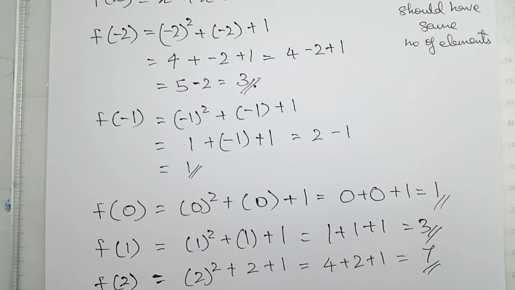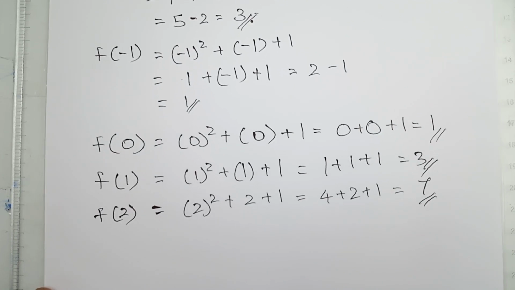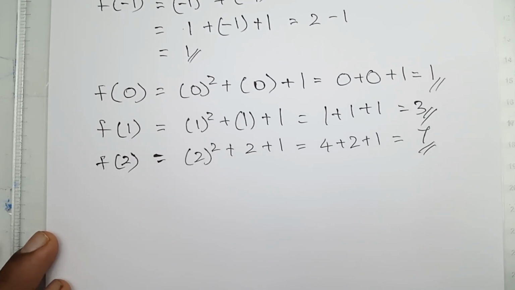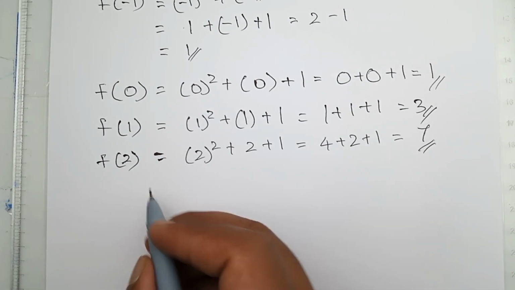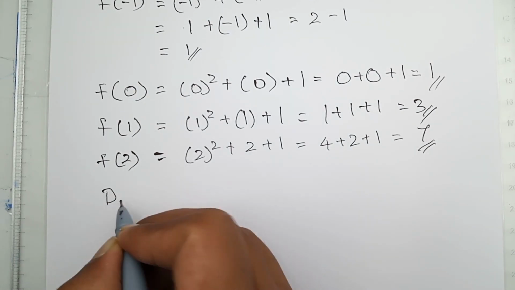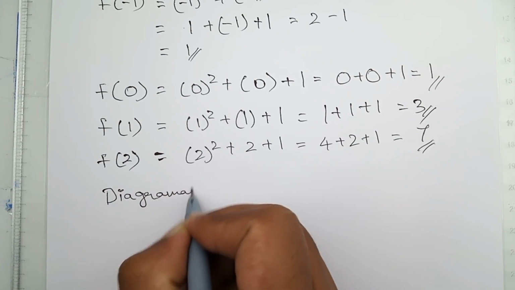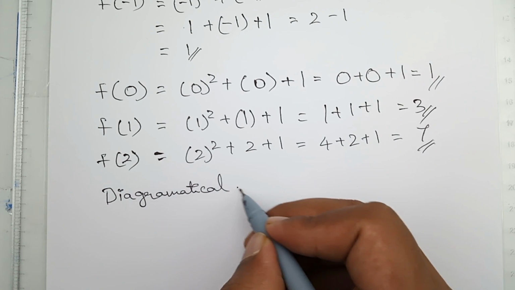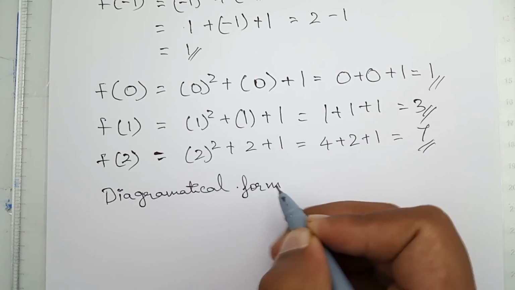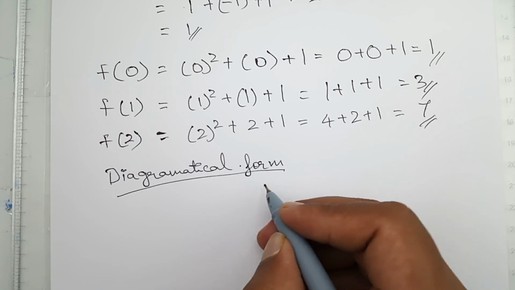A is domain and B is codomain. I will represent it in diagrammatical form so that you can understand simply or easily.